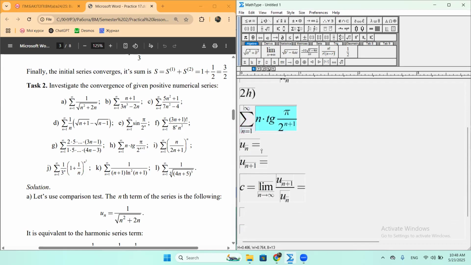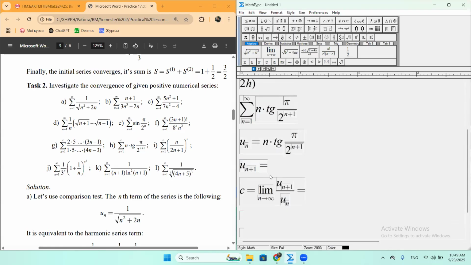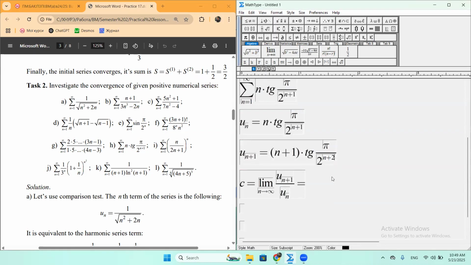So the nth term we will just copy and paste from the series expression. And here I will write n plus 1. And here will be tangents of p over 2 in power of n plus 2.